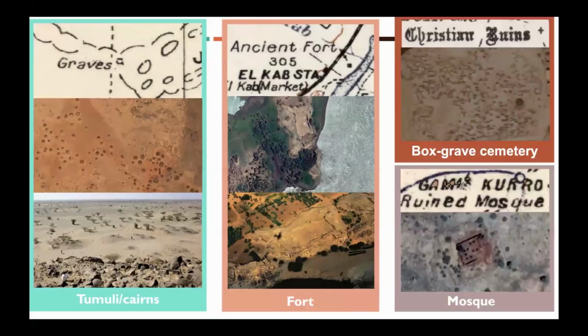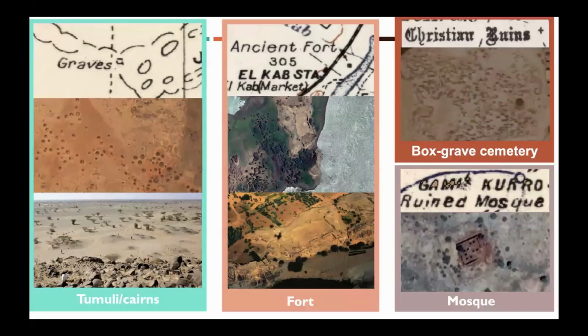So these are also examples of how we see the graves from the top: the graves on the top left on the historical maps, down, the graves on the satellite imagery, and then down, how we see it on the ground, tumuli or cairns.